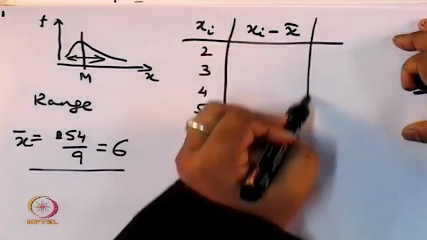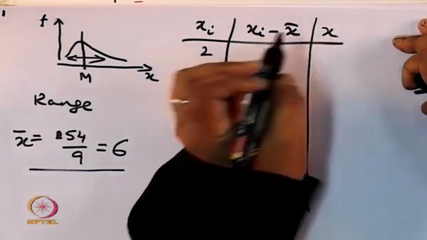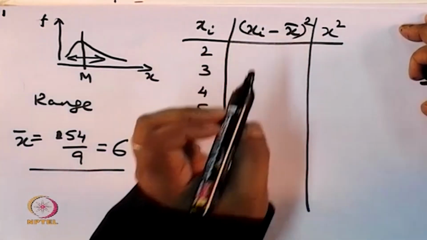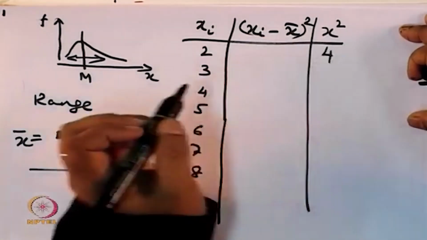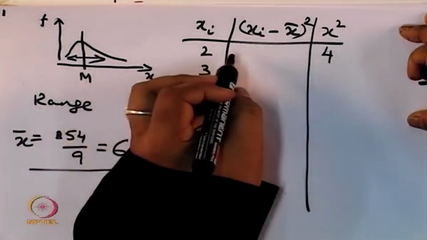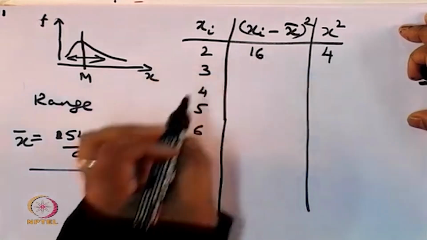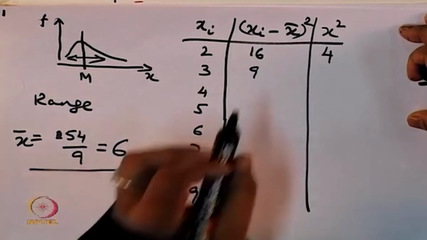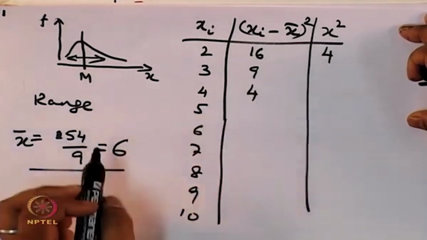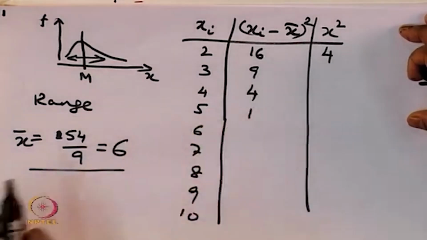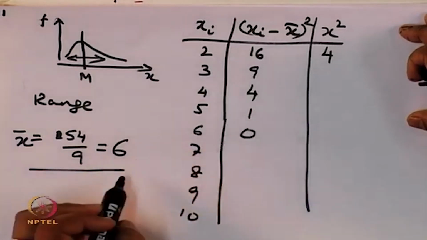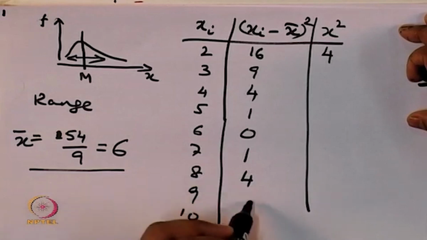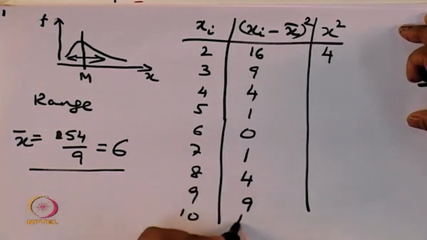I will tabulate two terms, x square and xi minus x bar whole square. So, for xi minus x bar squared: 2 gives 4 square, which is 16, 3 gives 3 square, which is 9, 4 gives 2 square, which is 4, 5 gives 1 square, which is 1, 6 gives 0, 7 gives me 1, 8 gives me 4, 9 gives me 9, 10 gives me 16.